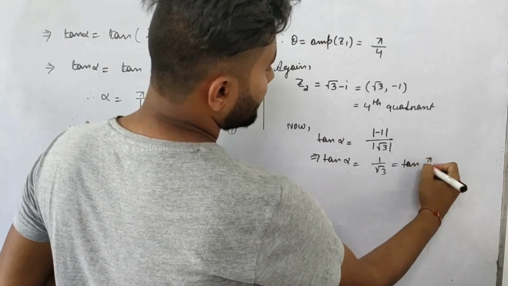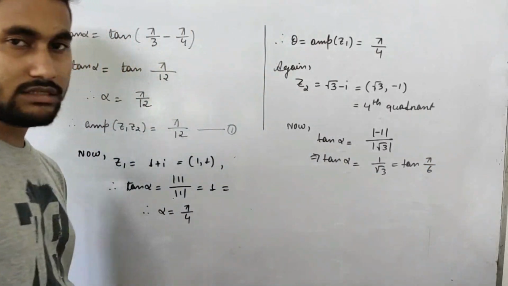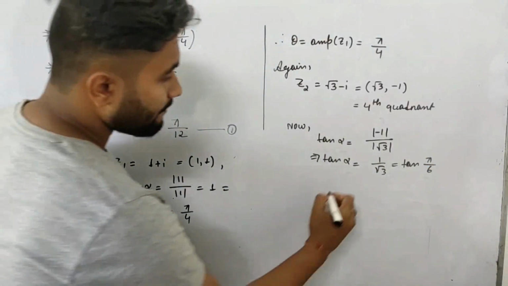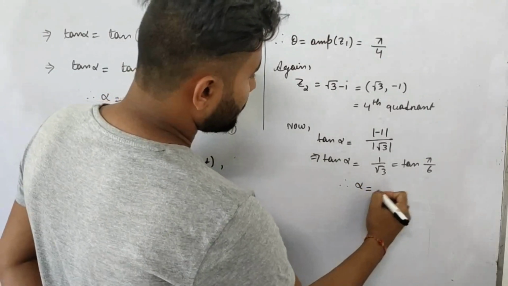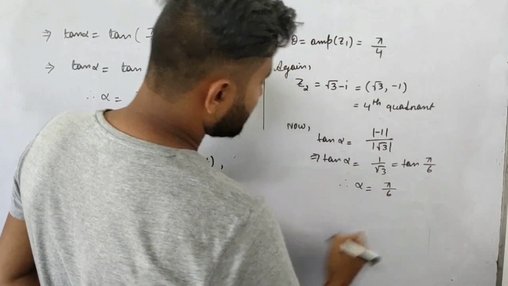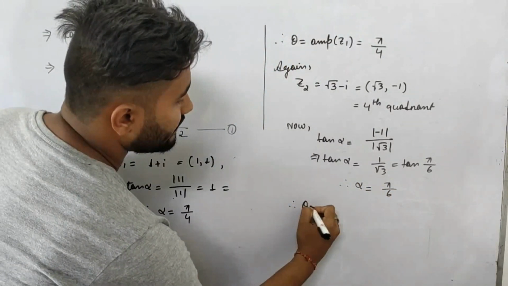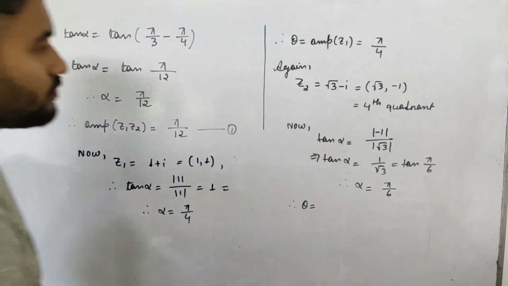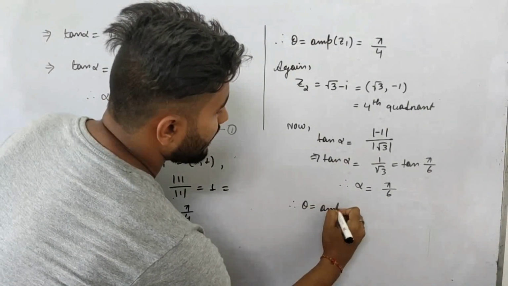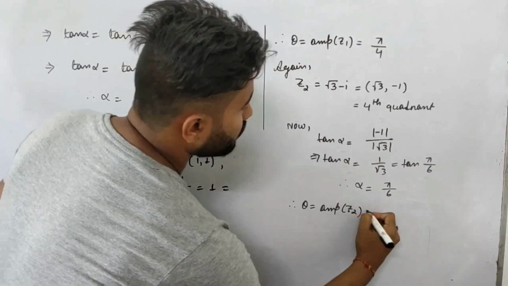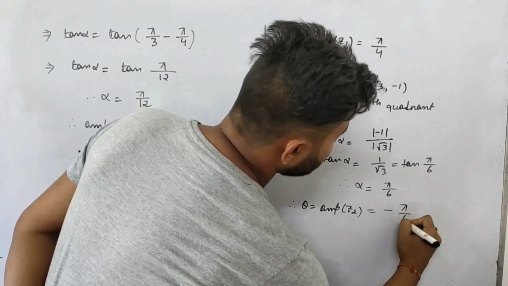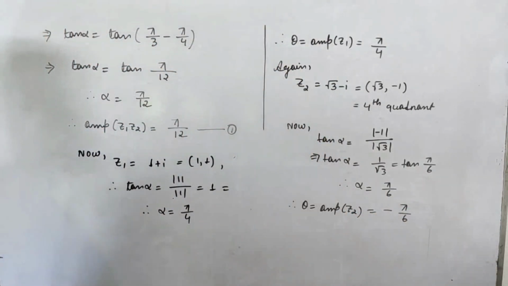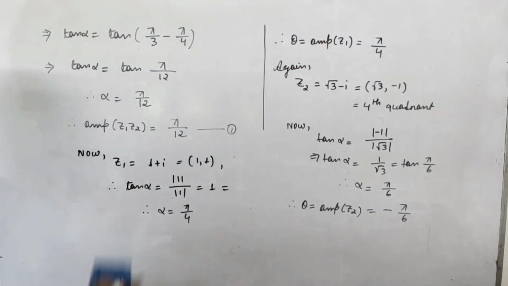Tan 30 degree. 30 degree means pi by 6. So therefore alpha is equal to pi by 6. So therefore theta, which is the amplitude of Z2, will be equal to minus of pi by 6. It is minus of alpha, right? So this is minus of pi by 6.